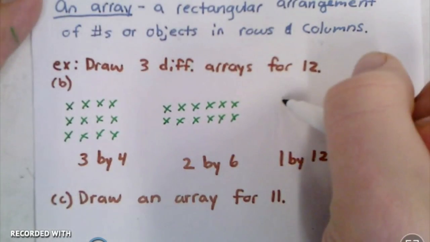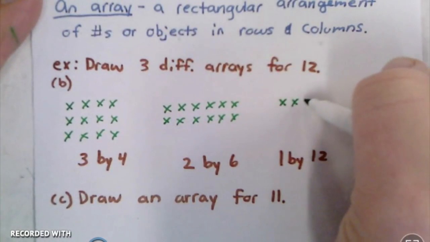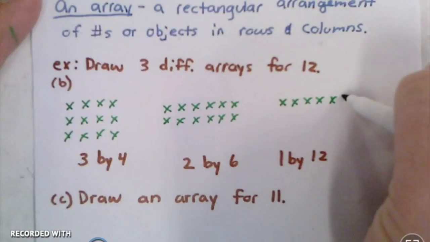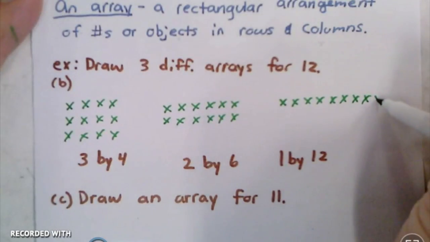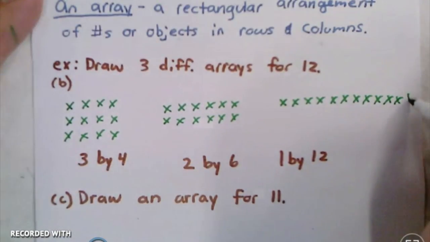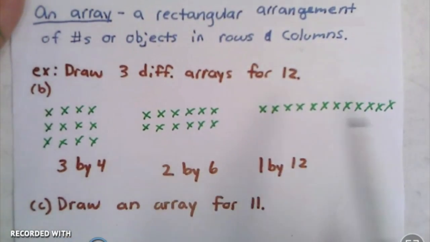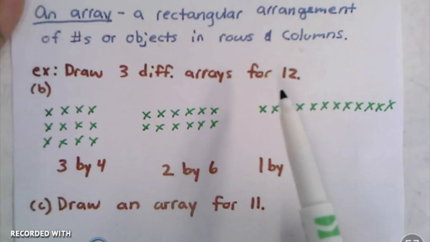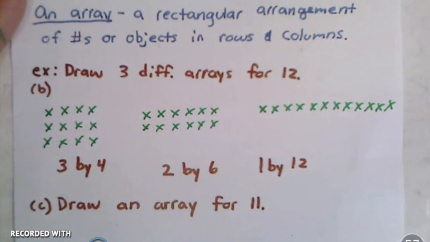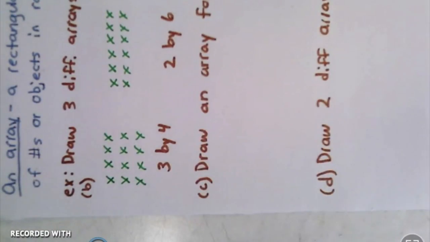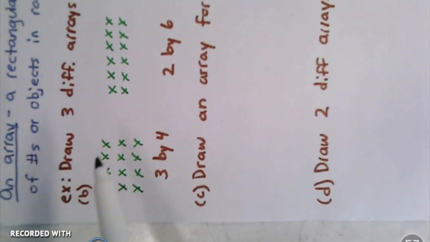Or I could do 1 by 12: 1, 2, 3, 4, 5, 6, 7, 8, 9, 10, 11, 12. All 3 of these are arrays for the number 12, but they also show us something else. If I were to turn it this way, it gives me 3 more arrays. So I could do 4 by 3, or 6 by 2, or 12 by 1.